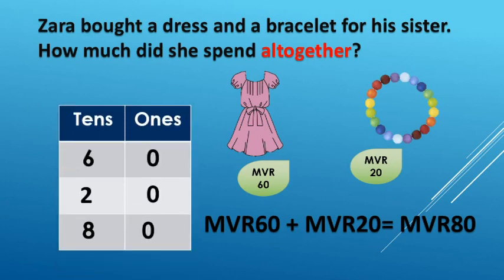So in the ones column here it is 0 and 0. So that means 0, and in the tens column here it is 6 and 2. So that means 6 plus 2 is equal to 8. So the total amount is 80.